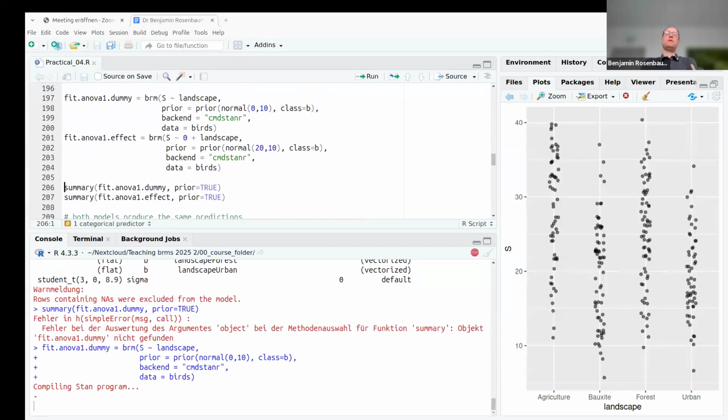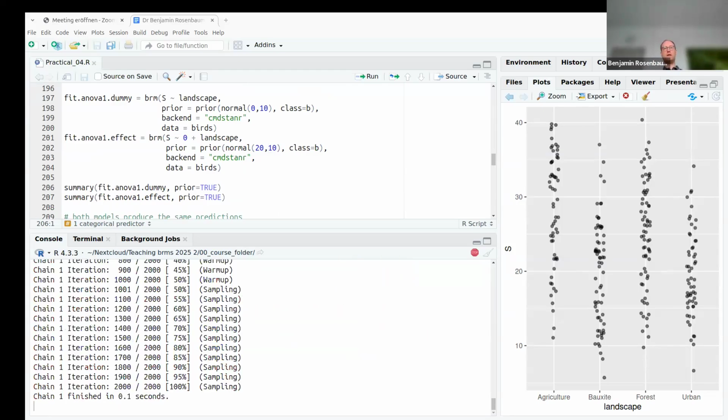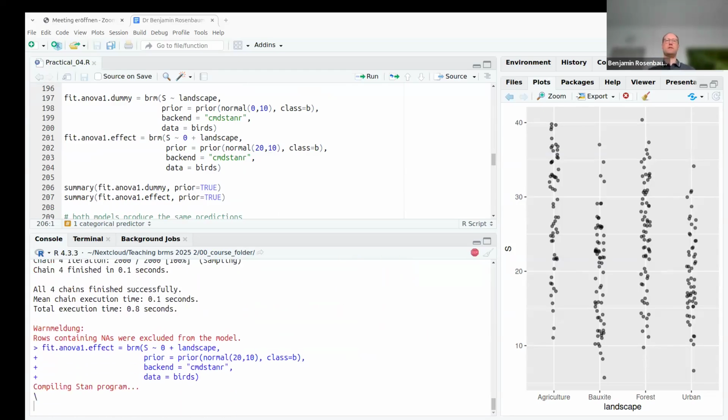Both of these models are not exactly the same, because even if you don't specify priors, through the default priors there's a tiny bit of a difference between both of these, just through the prior information.